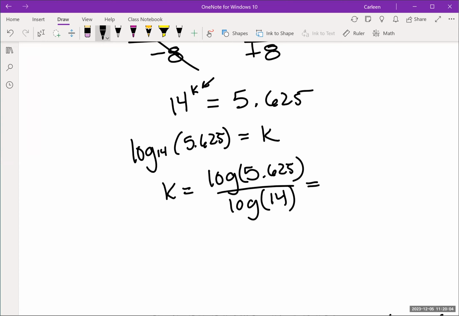Or you could have that fraction right there. Okay, so we're going to have log of the answer, closed parentheses, divided by log of the base, closed parentheses.